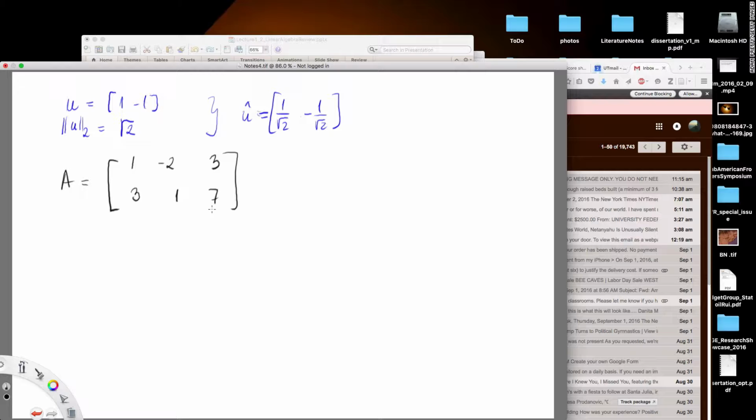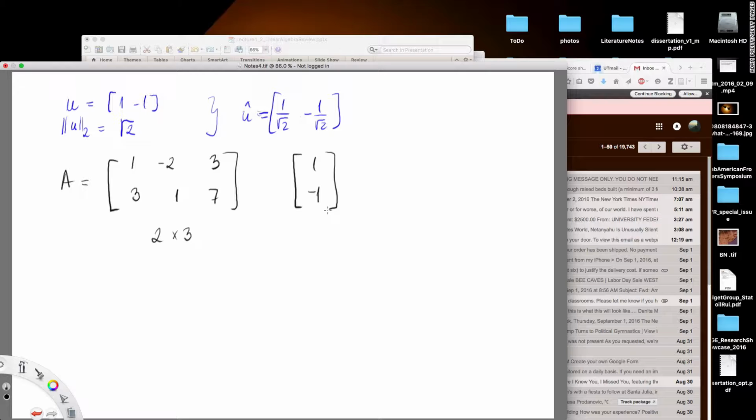So if I now have a vector that is 1, minus 1, like that u, could I multiply this matrix and this vector? Why not? I don't have enough members.